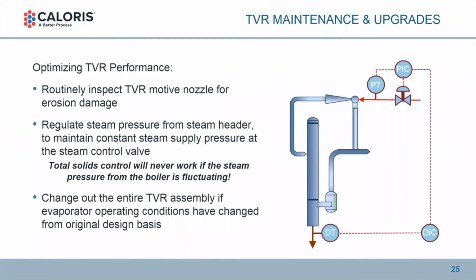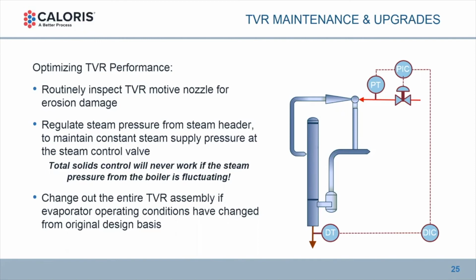So, optimizing TVR performance: routinely check that nozzle. Regulate the steam pressure supply to the control valve. Now, they are designed to have a certain range of control where you can increase the steam supply to the nozzle, overcome tube fouling, getting a little higher delta T. There is a range that they will work in efficiently without significantly impacting your overall system energy efficiency.